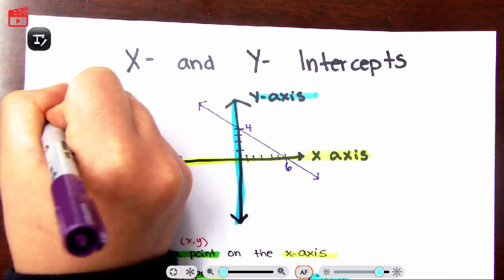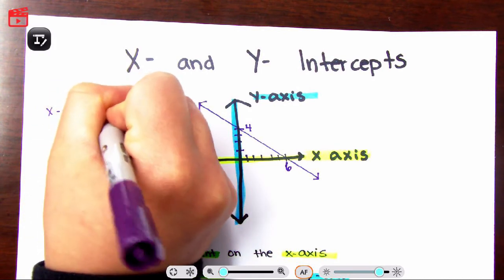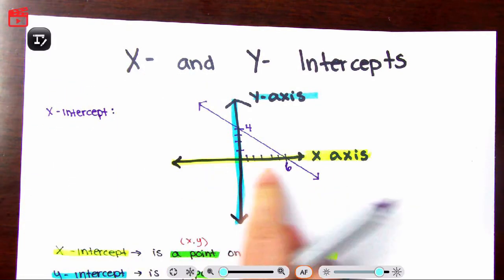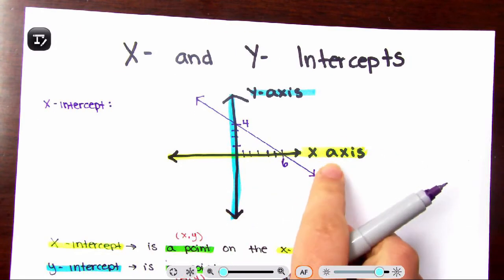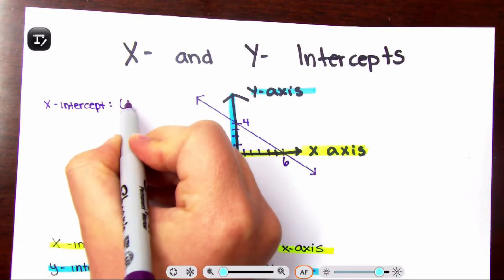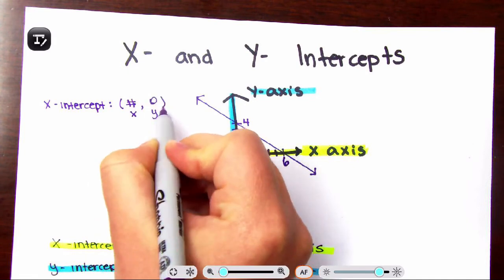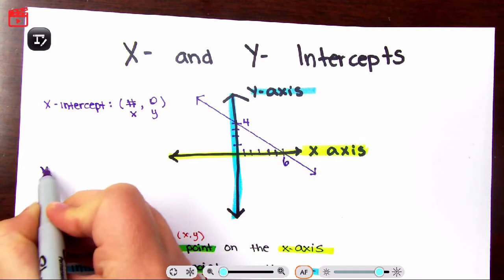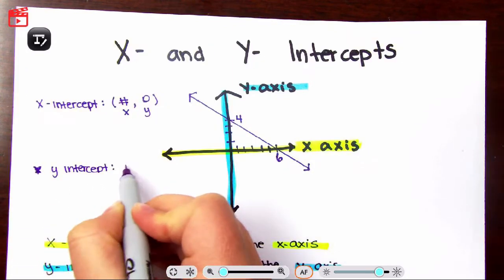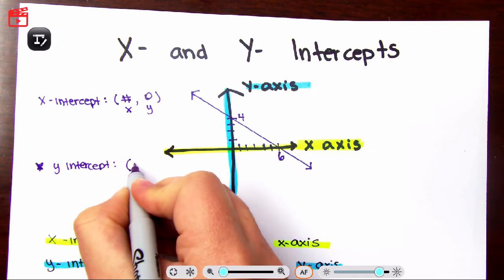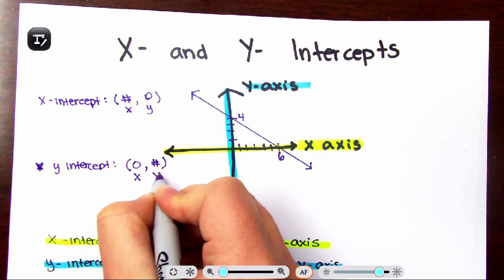So the X-intercept is on the X-axis. It is a point. For the X-axis, you're going to have a number for X, but your Y value is going to be 0. Now for your Y-intercept, 0 is going to be in for X, and you're going to have a number for Y. Get it?